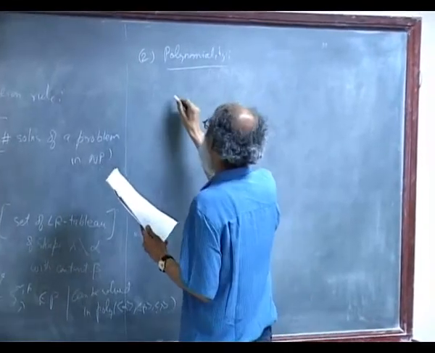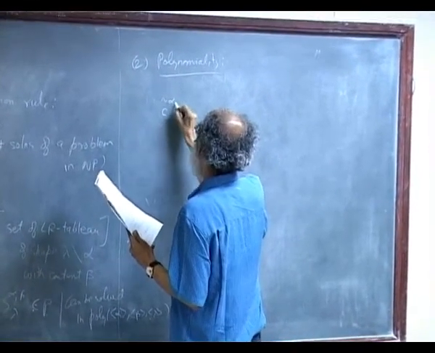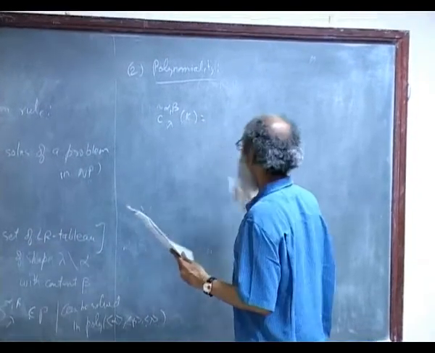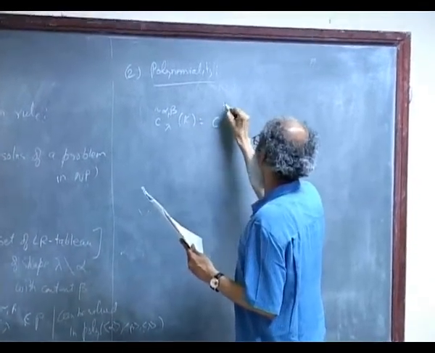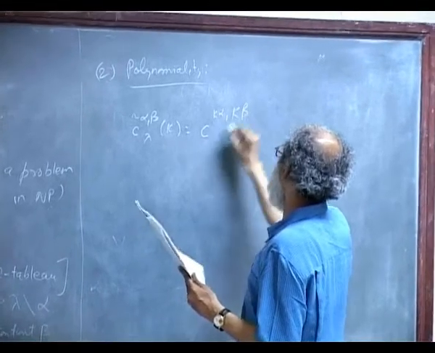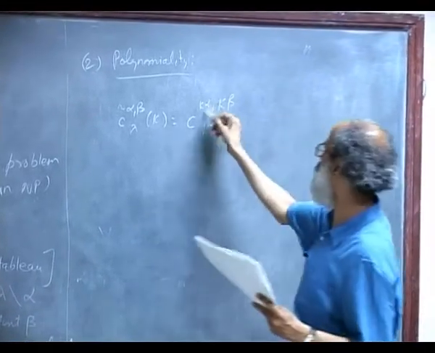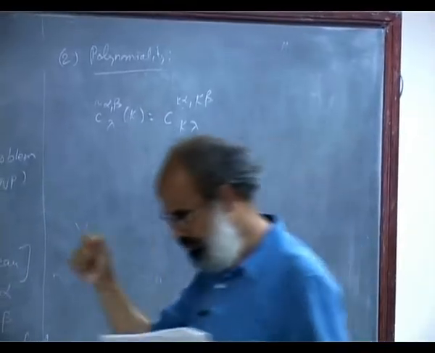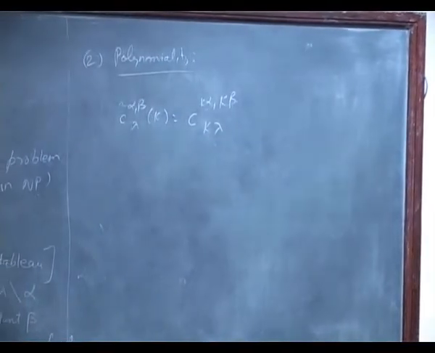Let us define this C alpha beta lambda k. This function is C of k alpha, k beta, k lambda. So you just scale these things by k. Partition k times alpha means you multiply each entry of alpha by k.